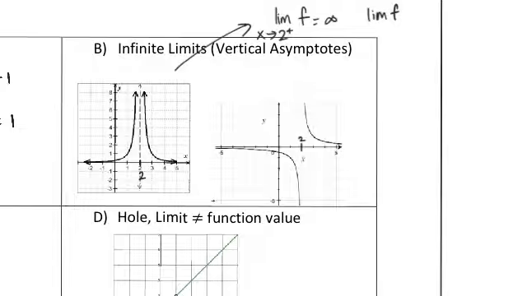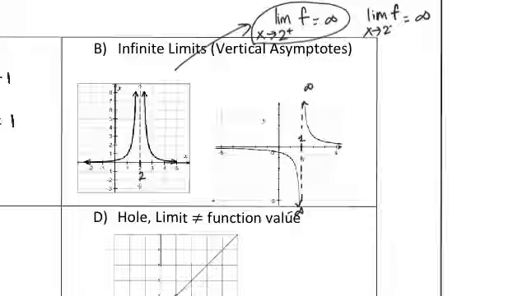In this graph, we can see that either from the right or the left, we go off to positive infinity, and so that creates a vertical asymptote. Now we know that this needs to be happening only from one side for it to be called a vertical asymptote, right? And we also know that it can be that we go off to positive infinity on one side and negative infinity on the other side, and that is also going to create a vertical asymptote.